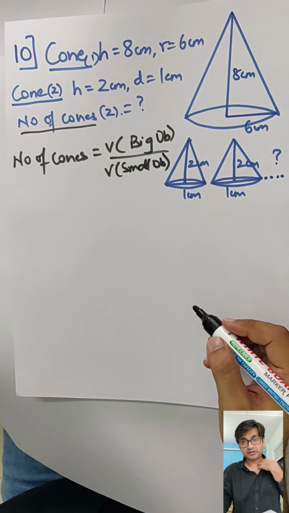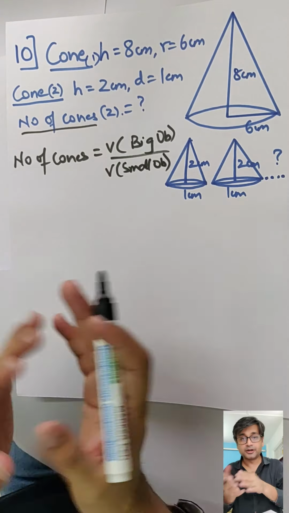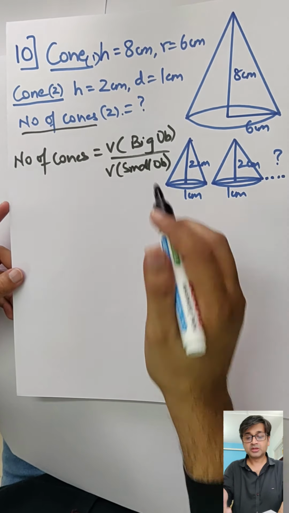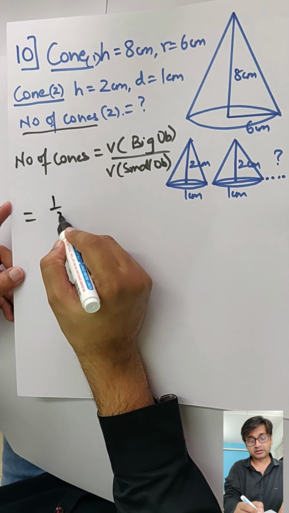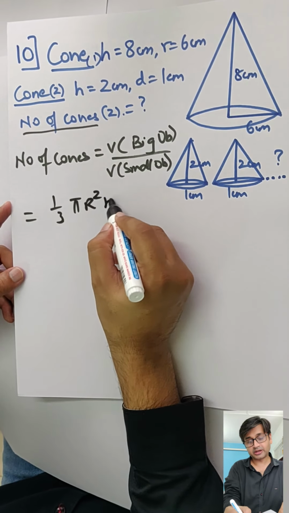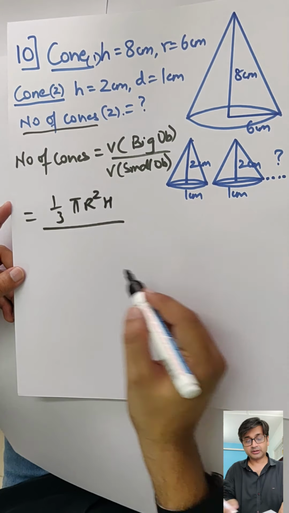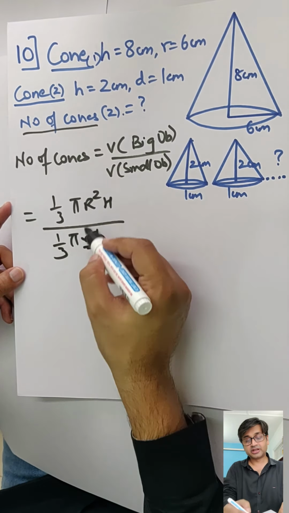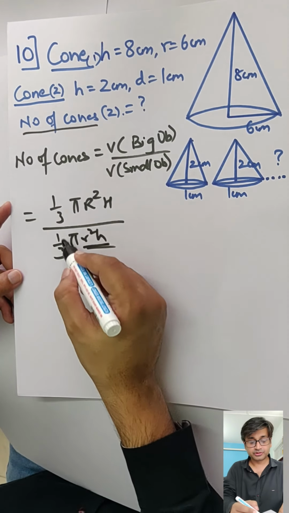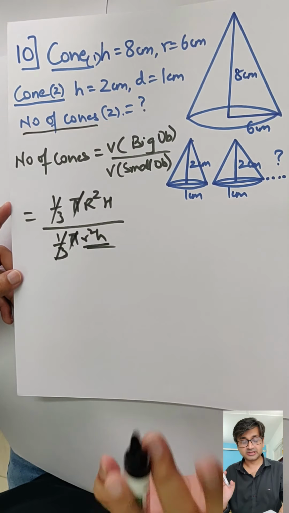Now here both are cones, but at times they convert a cylinder into a cone or anything into anything. So big object upon small object. So volume of big object 1/3 pi r square h. For big you write capital, and for small object you write small alphabets, so that you don't cancel them and you don't get confused. 1/3 and pi can cancel each other.